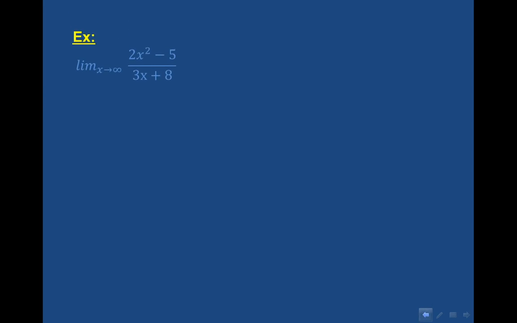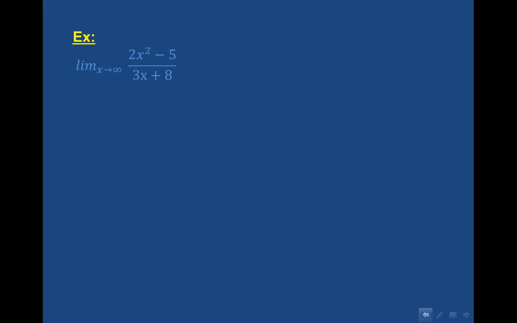Limit when x tends to infinity of the algebraic expression 2x squared minus 5 over 3x plus 8. Here the numerator is a polynomial, also the denominator is a polynomial. The x which has the greatest power in the denominator is x.